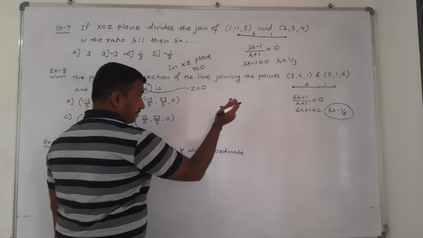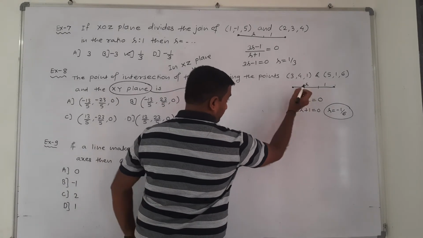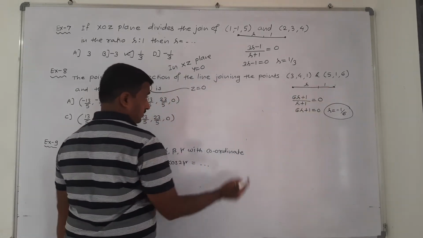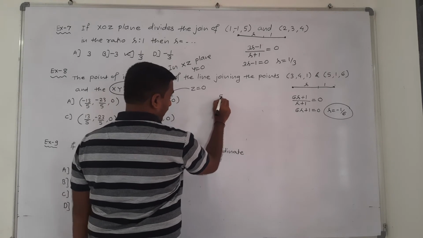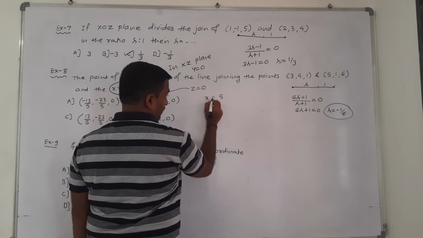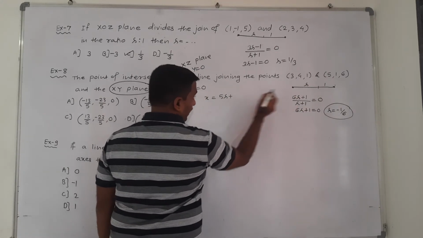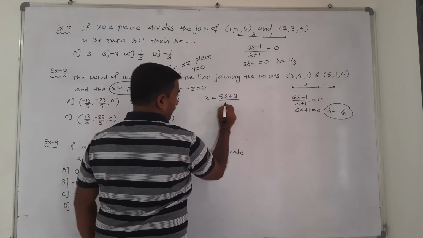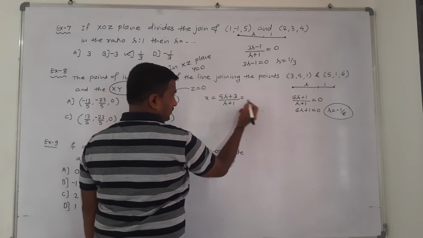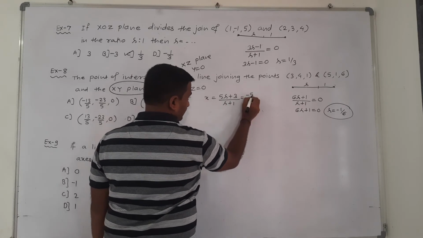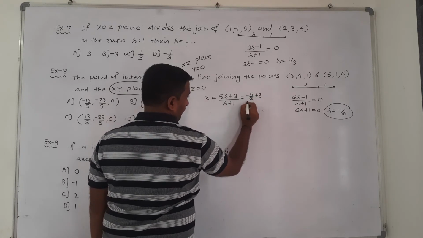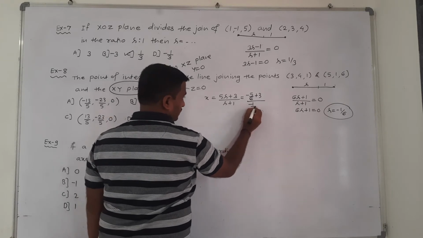Now I compare the x coordinate, that is lambda into 5, 5 lambda plus 1 into 3 upon lambda plus 1. Here lambda is equal to minus 1 by 6. Minus 5 by 6 plus 3 upon minus 1 by 6 plus 1.